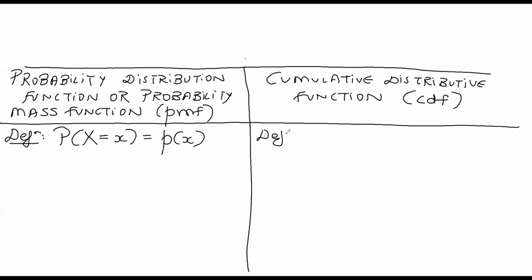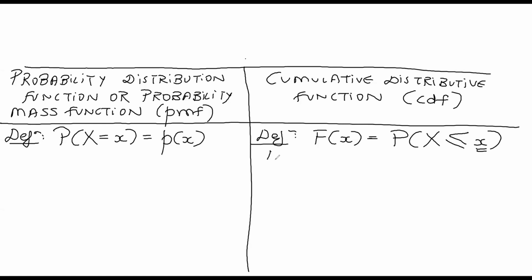The definition of it is capital F of x is the probability that capital X takes the value either less than or equal to small x. It means you're accumulating everything to the left of this tiny x. You are adding up all values to the left of.